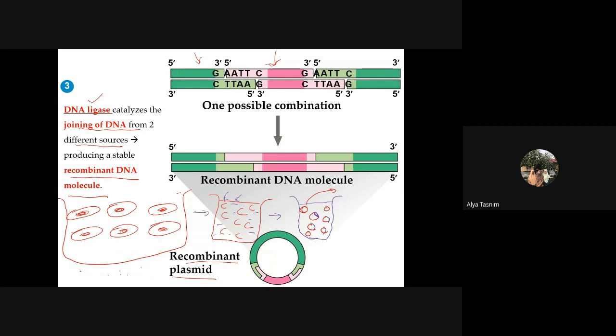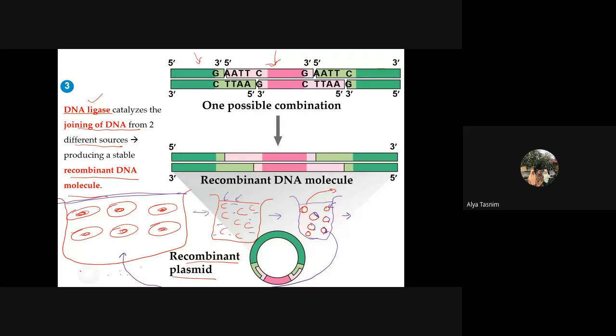Okay, that is the purpose of the lacZ gene: to screen whether a bacterial cell has taken up a recombinant plasmid or a plasmid without any inserted foreign DNA. Understand? Then you put these into bacteria that no longer have plasmid.